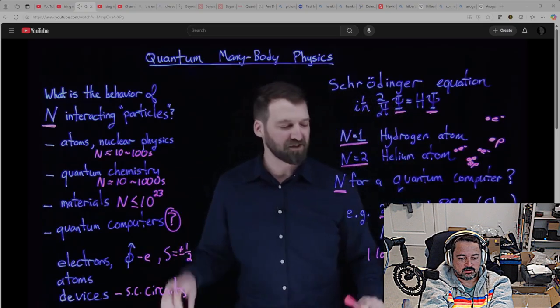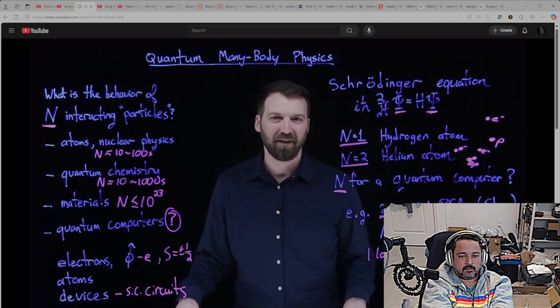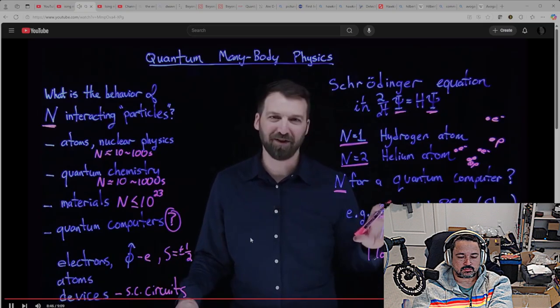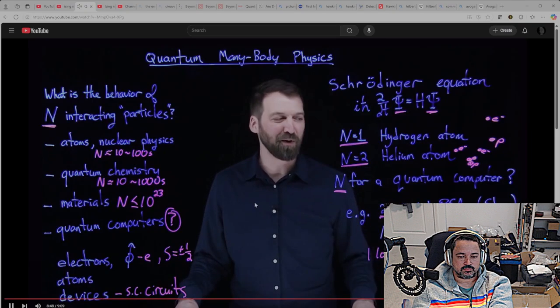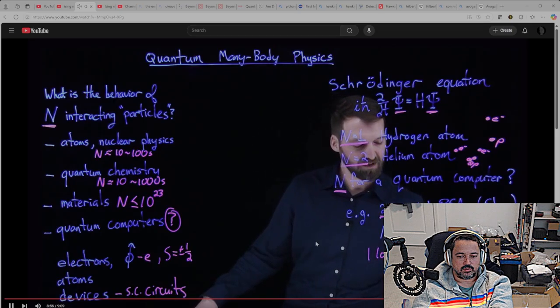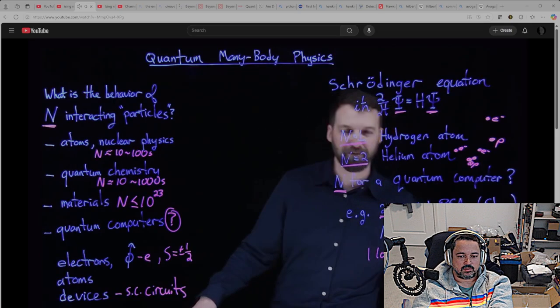This gives us a number of somewhere around 5 million. So the quantum many-body problem that we're going to solve for a typical quantum computer implementing Shor's algorithm for 2048-bit RSA is somewhere in the vicinity of 5 million.